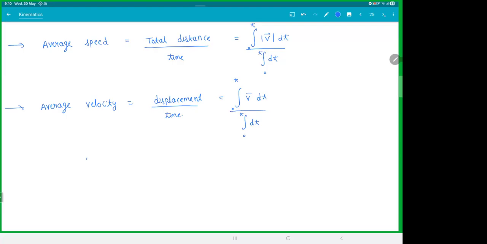So we can also write this average velocity as simply delta r bar by delta t. Right? And what is delta r bar? That is r final minus r initial bar. So average velocity's direction is the same as the displacement vector. Average velocity and the displacement vector are parallel. Or you can say average velocity is along displacement.